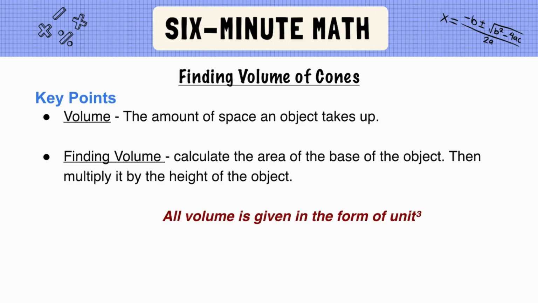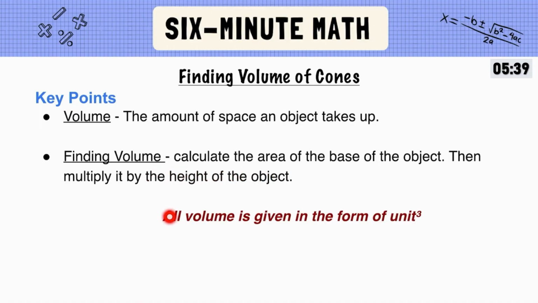6 minutes tends to go by quickly, so here we go. Our key points today are to understand that volume is the amount of space that an object takes up in 3 dimensions. To find the volume of a 3-dimensional object, we're first going to calculate the area of the base of that object and then multiply it by the height.